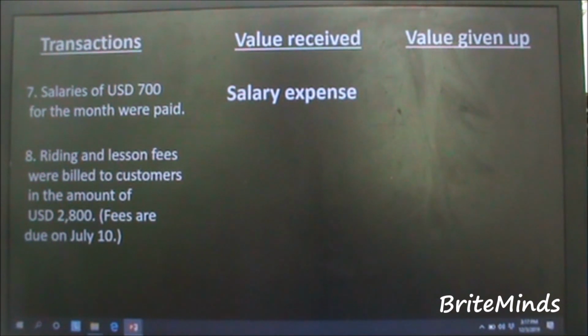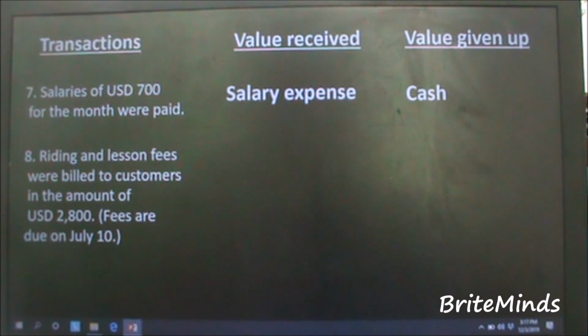So salaries expense, or the services performed by the staff. And then what is the value given up? Cash.